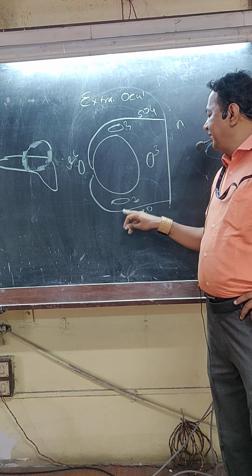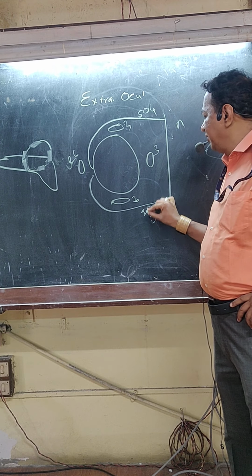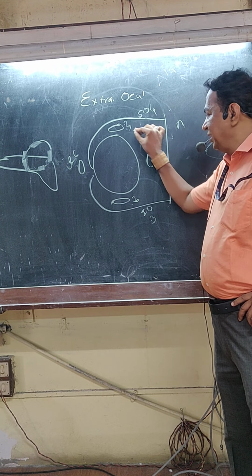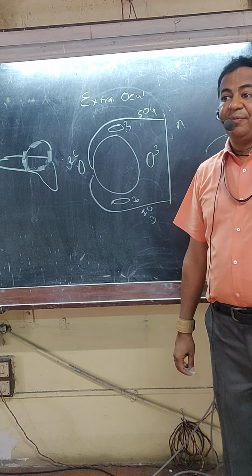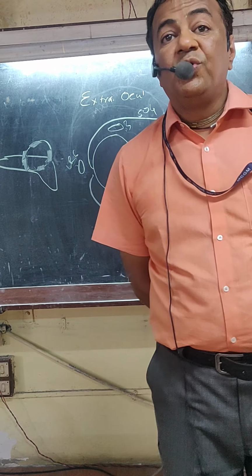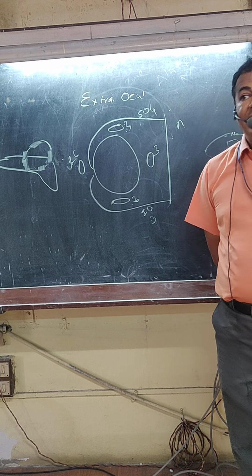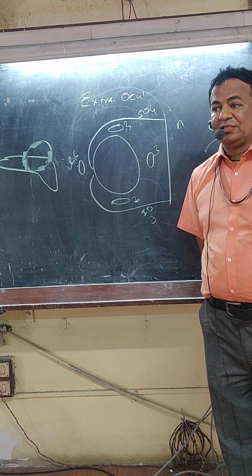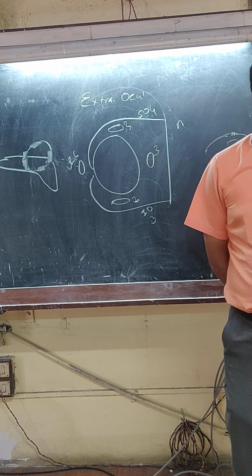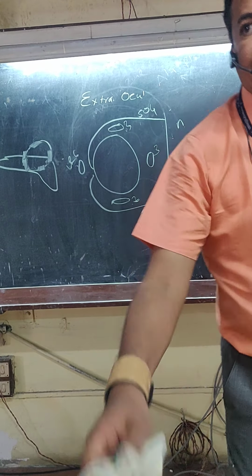Inferior oblique, inferior rectus, medial rectus, and superior rectus are supplied by the 3rd cranial nerve, oculomotor. SO4, LR6. Okay.